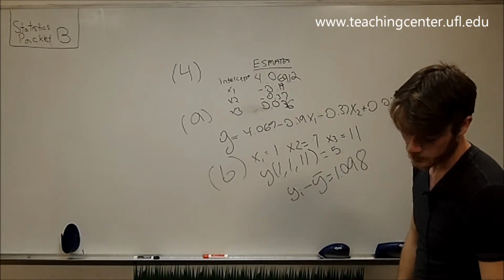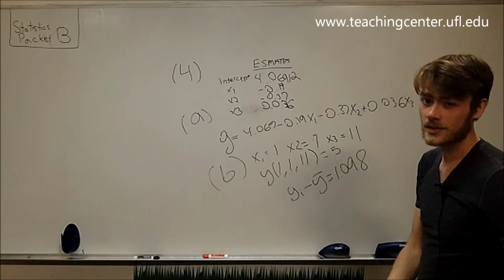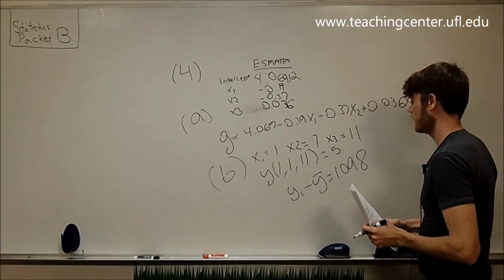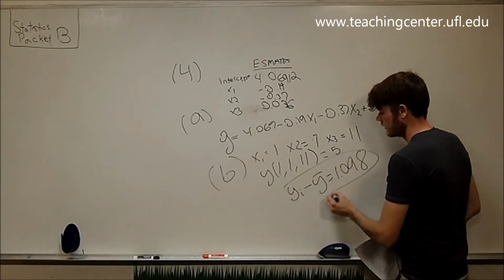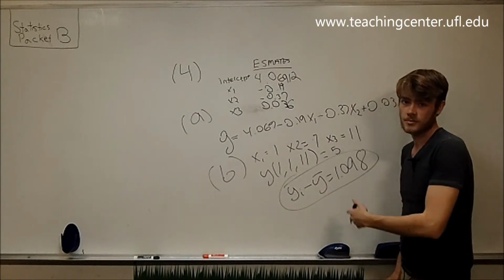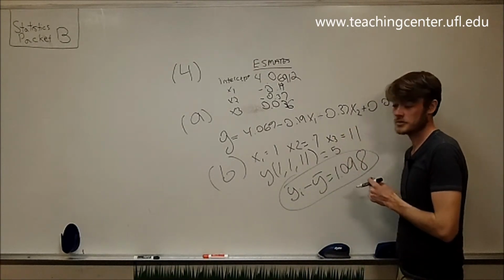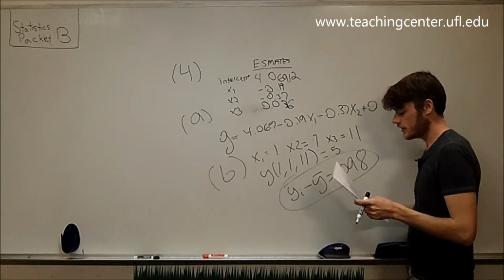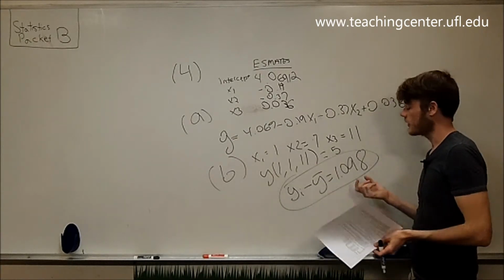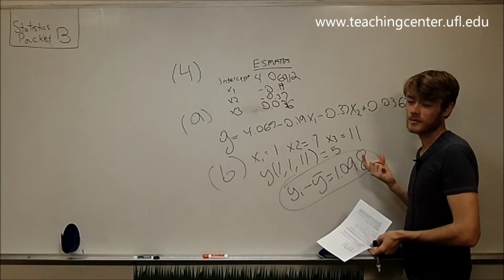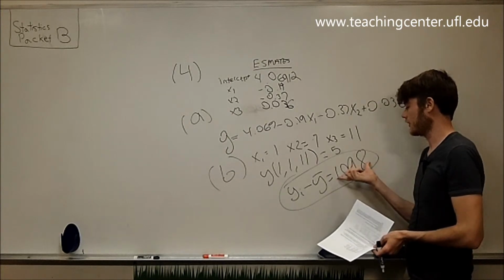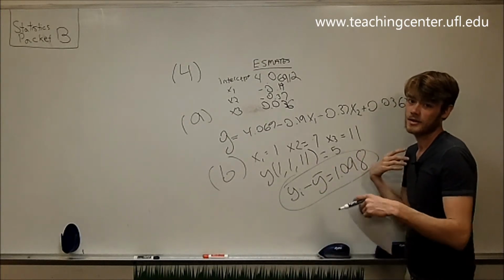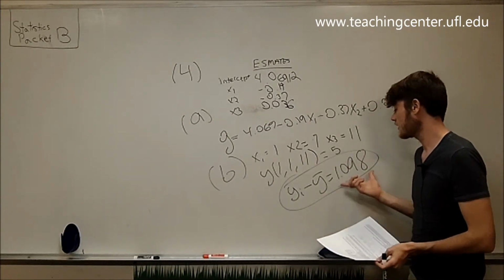Okay, now the question asks, does this tell you anything about how good the model is, just from this residual? While you think about that, a few things. We have no reference point. We know nothing about this residual. We don't know if this is big, small, bigger than expected. We have no idea.